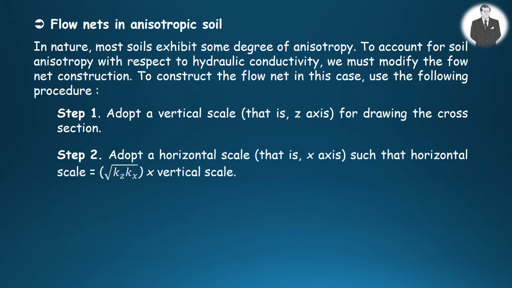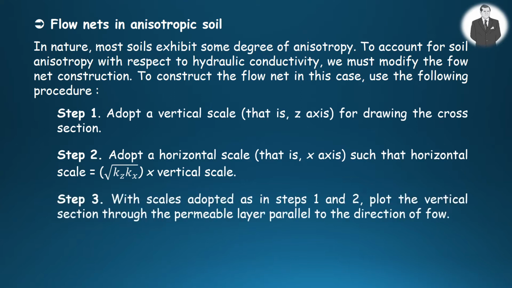In step 2, a horizontal scale is chosen such that the horizontal scale is equal to the square root of kz over kx times the vertical scale. In step 3, with the scales chosen in steps 1 and 2, the vertical section through the permeable layer parallel to the direction of flow is plotted.